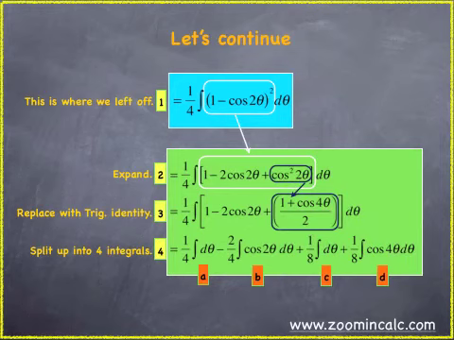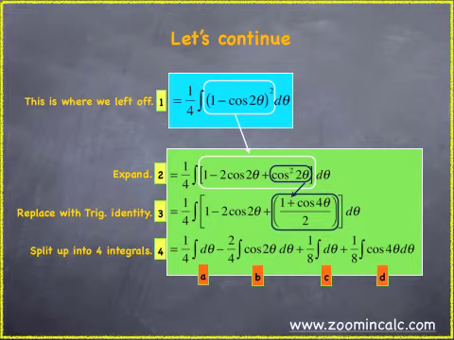So let's continue. Item 1 is the function that we just finished with. In item 2, we're going to actually replace, or I should say expand, 1 minus cosine of 2 theta squared. I want you to think of it just as a simple binomial squared.